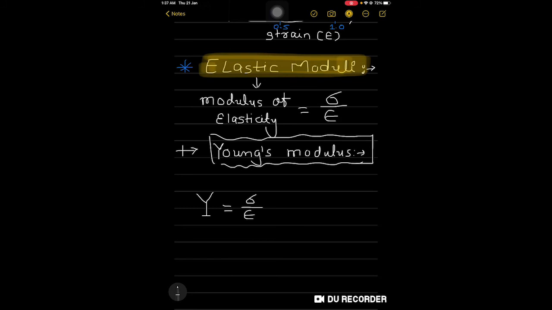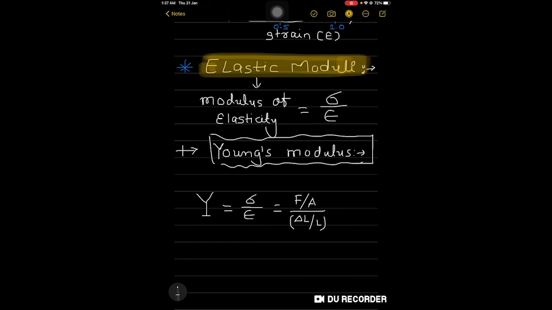Now we have a very well known equation, that sigma is nothing but force over area. So here we can say that sigma is force upon area, and at the same time epsilon is the change in length over original length.